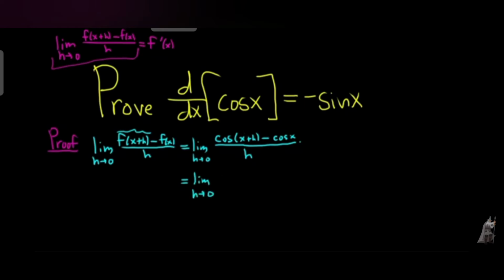You can use the sum identity, so it will be cosine x cosine h, then minus sine x sine h, and then we still have the minus cosine x, and it's all being divided by h. All we did was use an identity here: cosine of x plus h is just cosine x cosine h minus sine x sine h.